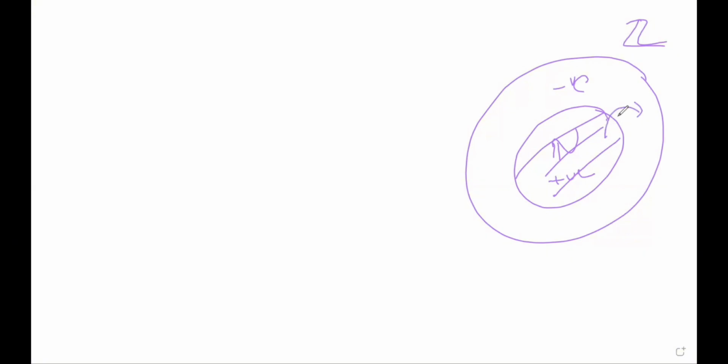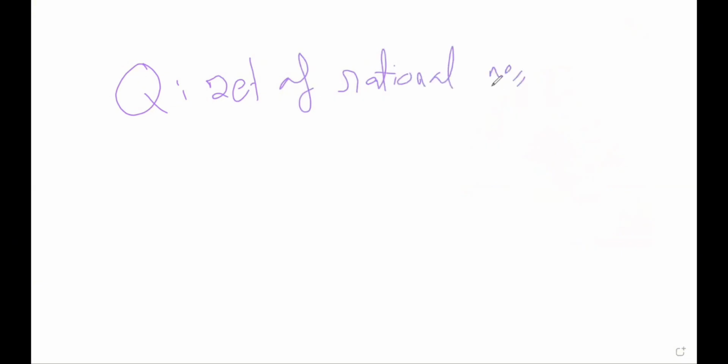Okay, now the third type, or the third set that we are going to talk about, is the set of rational numbers. So you have to pay attention to this one. How can I determine if a number is a rational number or not?